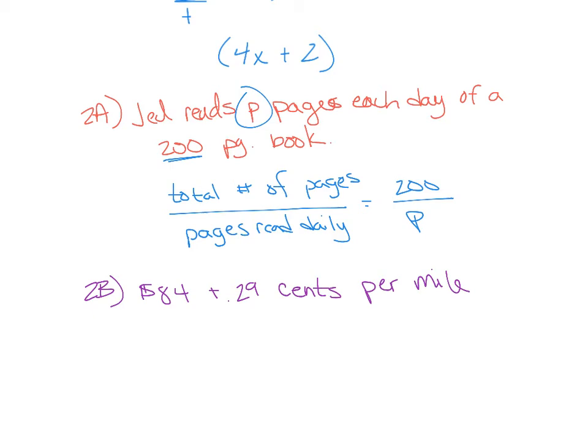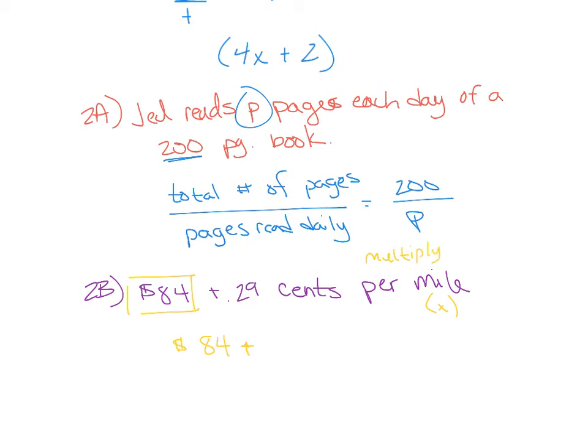Now, it's going to cost you this $84 to rent that car for the day, whether you go anywhere or not. So that is our constant because it's going to cost us that much money no matter what. Plus, we're going to have to pay 29 cents per mile. We don't know how many miles we're going to go, so we're going to replace per mile with X, but we know it's 29 cents per mile, and per mile means we are going to multiply.